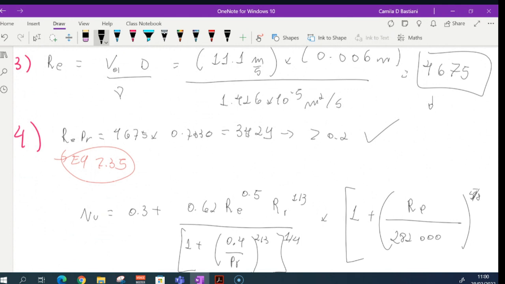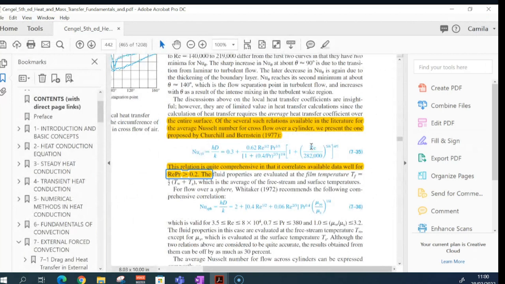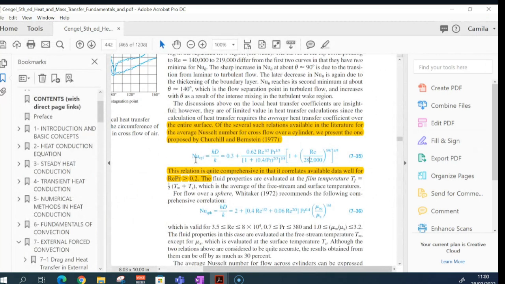Five divided by 8, 4 divided by 5. This is the relationship here in the book, and that's the one for the flow around a cylinder. We have another one for the flow around a sphere here that we are not going to use yet.